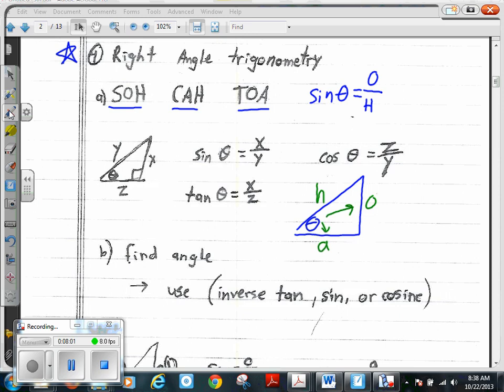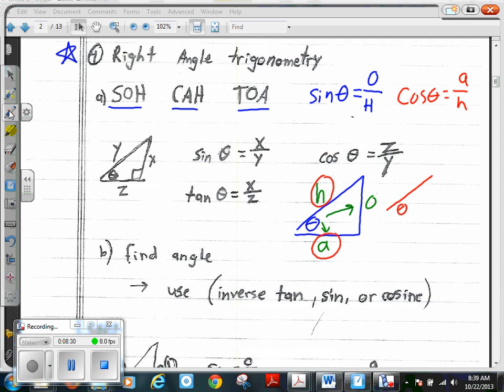And then the cosine of theta is equal to the adjacent over the hypotenuse. Okay? So that would talk about the ratio between this leg and the hypotenuse. And cosine tells your calculator, hey, I'm looking at ratios. When you punch in your angle, it'll give you this ratio.